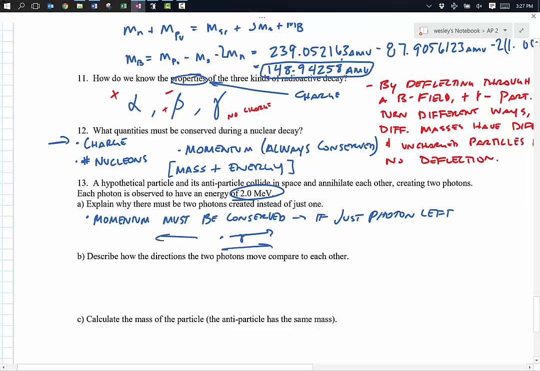That's not the case. The 2 photons are going to have to be going in 2 opposite directions, so the total momentum remains what it was before. So the 2 photons must move in opposite directions, because of that conservation of momentum thing.